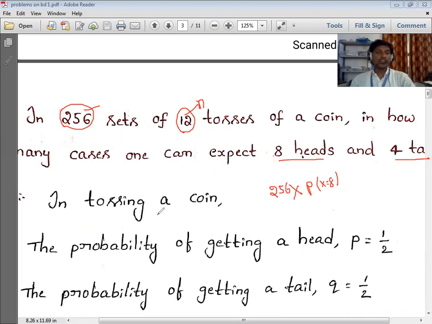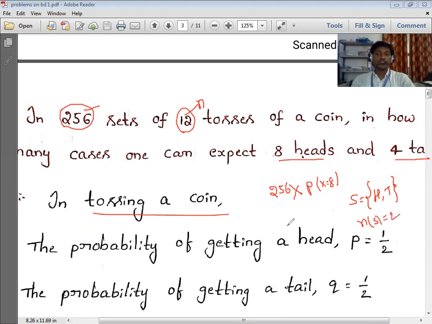First we calculate for tossing a coin. By tossing a coin, the probability of getting a head, P, is equal to 1 by 2. How do we get this? By tossing a coin, the sample space S has the possible outcomes heads and tails, so n of S is equal to 2.